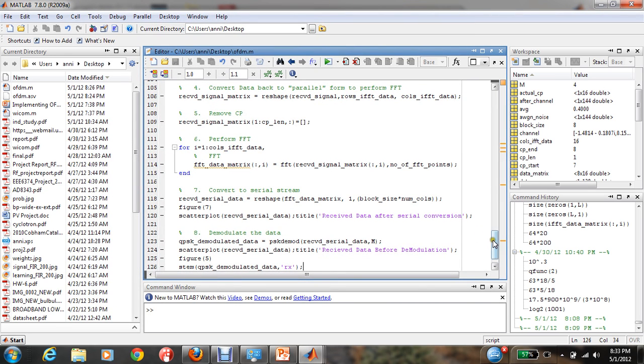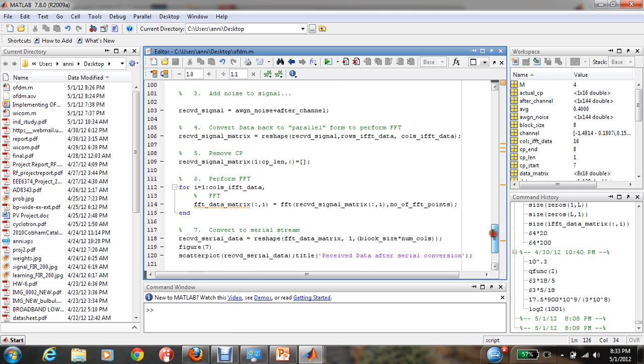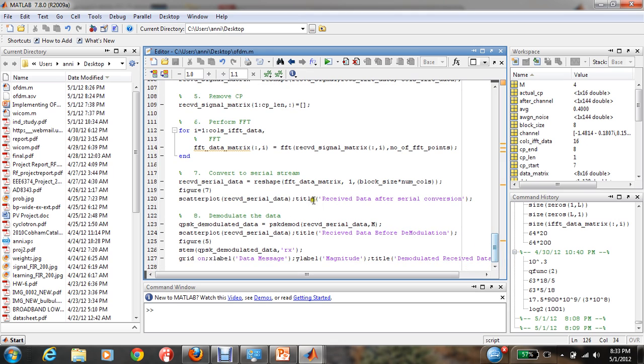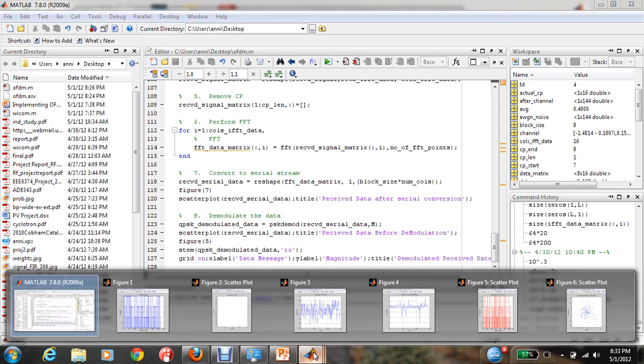As explained here, step by step, the MATLAB code shows that we first convert the data to parallel form, remove the cyclic prefix, and then perform the fast Fourier transform.